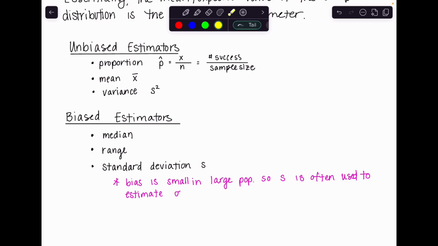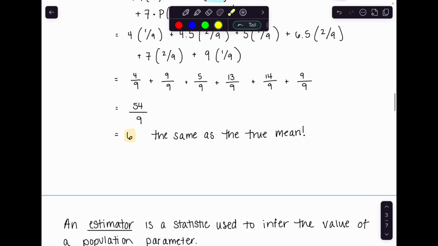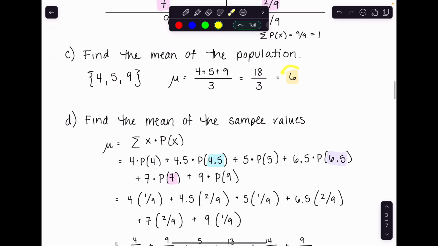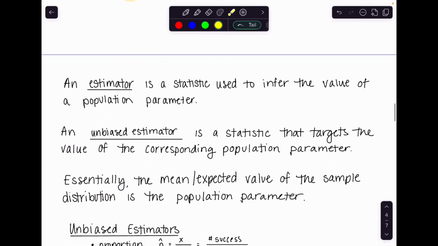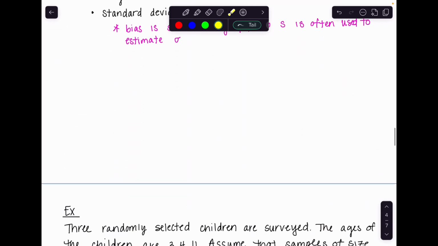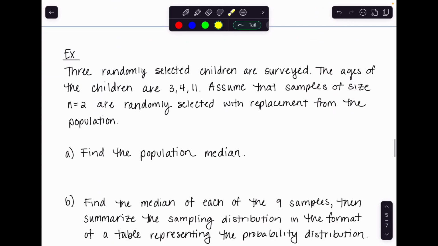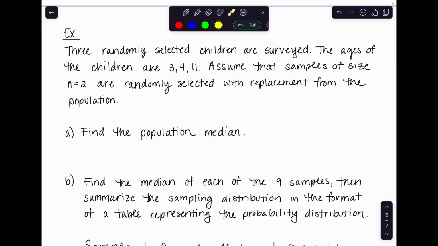So what we've shown already is that the mean is an unbiased estimator, because in this example, the actual mean is the same as the mean of the sample. What I'm going to do, just for one last example, is go through and show you the median is not an unbiased estimator.